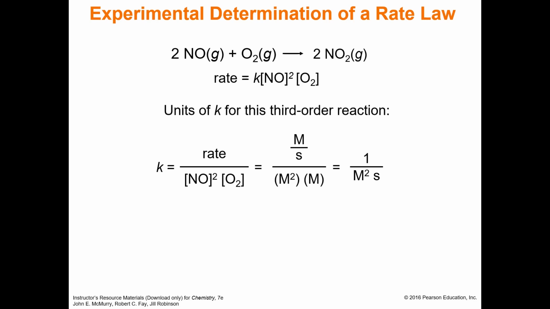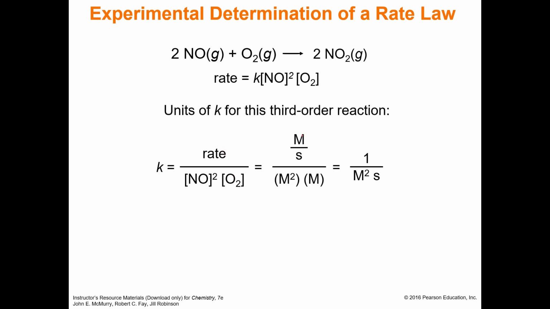So then the other question that we need to answer is, what are the units for K? So if we're looking at K, if we rearrange this equation to get K by itself, we have the rate over NO squared times O2.